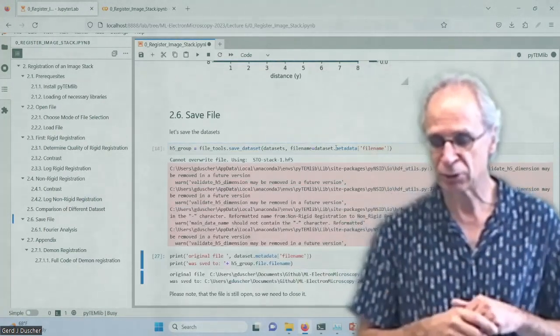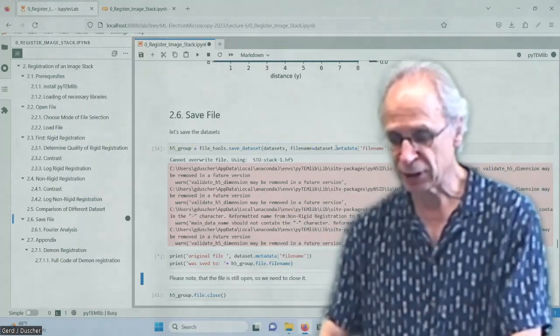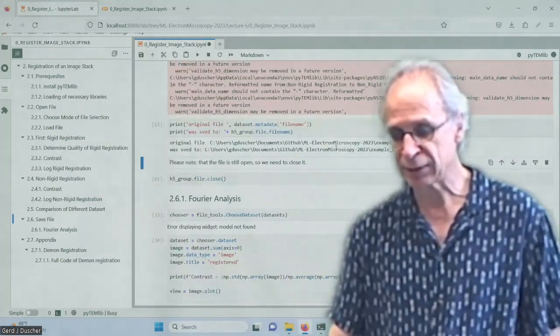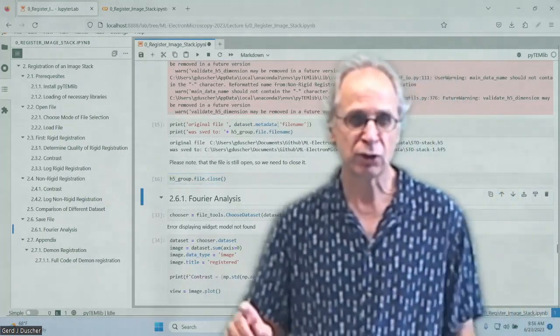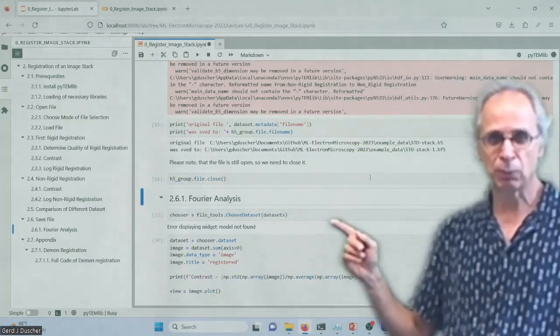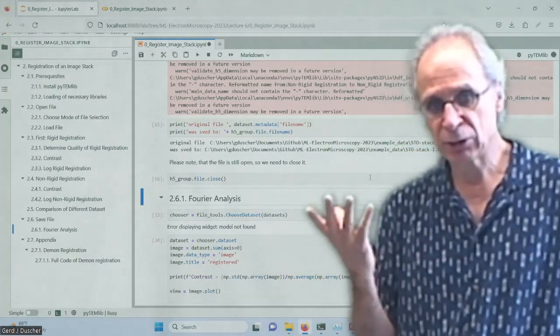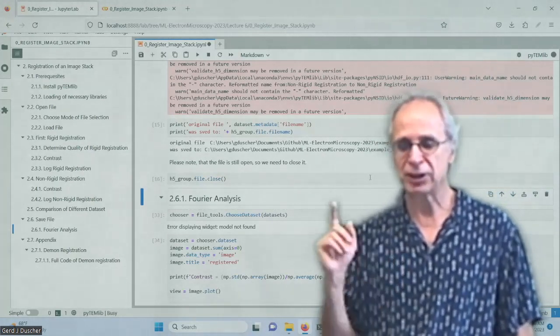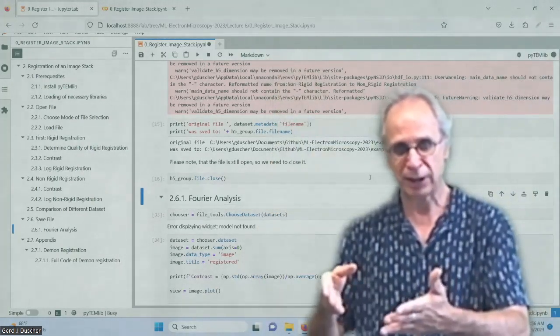Just save it to the same area where we had that, and we can check it out where we put that. And ideally, we would close that so that we can use it in a different notebook. Now, the way our Google Colab works, we cannot use this file because we would have to upload it, because I have it on my computer.